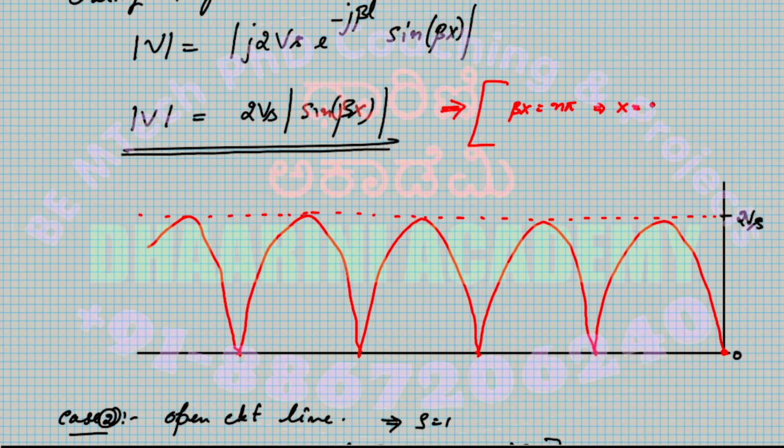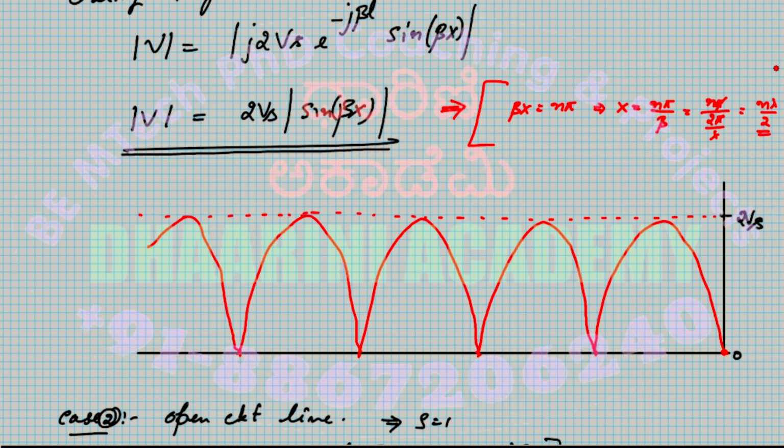So x is equal to n pi by beta, correct? Substituting beta as 2 pi by lambda, pi, pi cancels, and we get n times lambda by 2. See, that's the point.